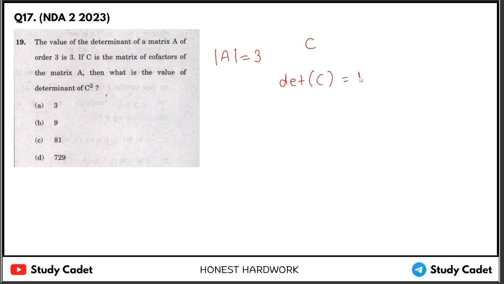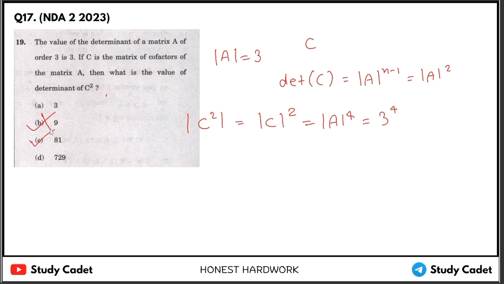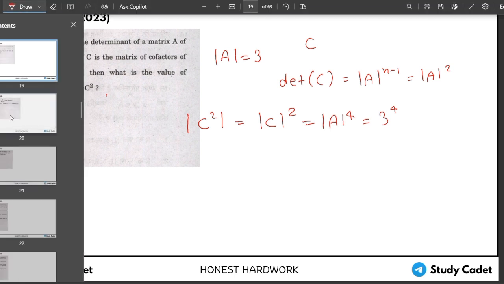That is determinant of A to the power n minus 1. What is its order? 3. So it will be 3 minus 1, that is squared, so simply 3 squared, that is 9. Sorry, we need to see the determinant of C squared, right? So it will not be 9. It would be 3 to the power 4, that is 81. That is the right answer.